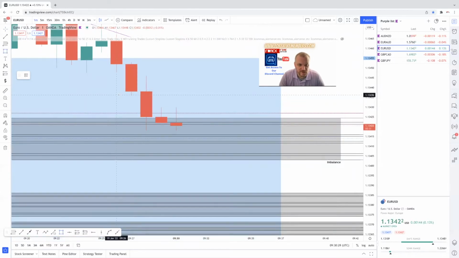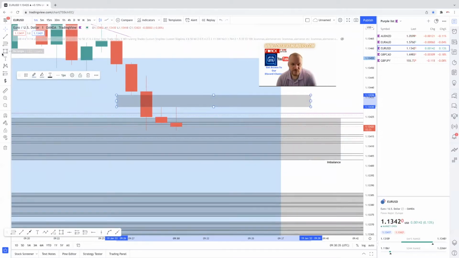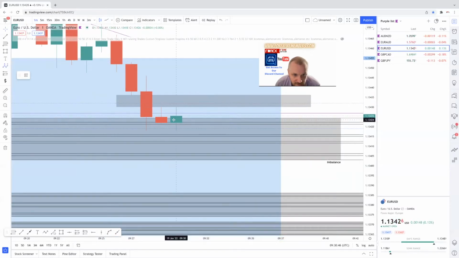Now, if we want to be super thingy, we now have an imbalanced area there. Well, we get a slight retracement up into that area at 50% to come down back into here.